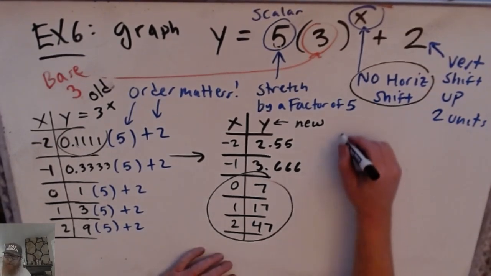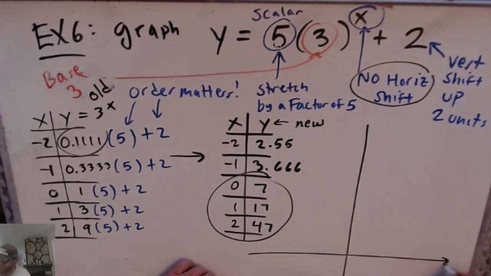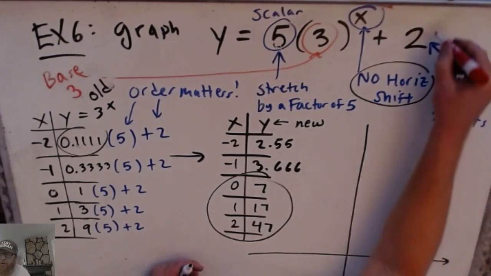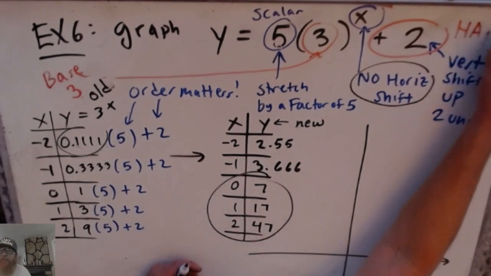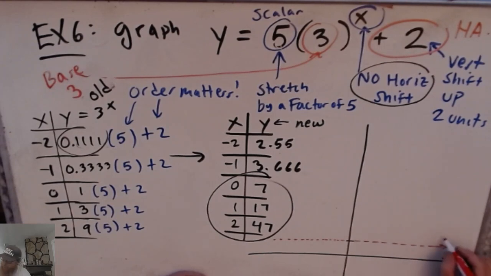In the interest of time, I'm going to go ahead and just draw the graph. Remember, your horizontal asymptote is the same as the vertical shift. If I had a graphing board, or if I had a bigger whiteboard, I would probably be a little bit more precise.